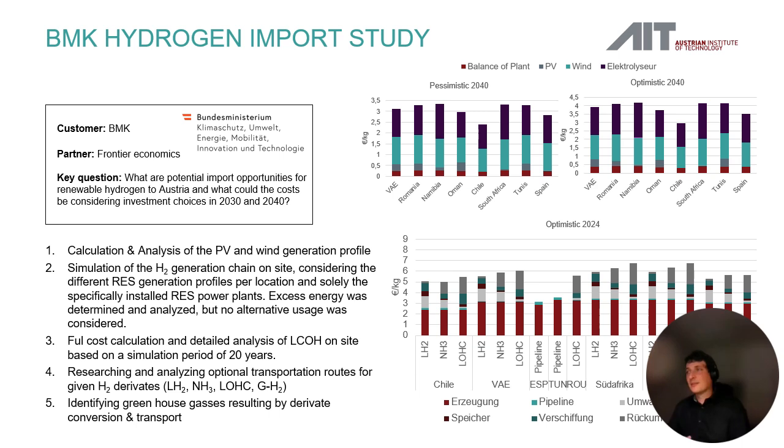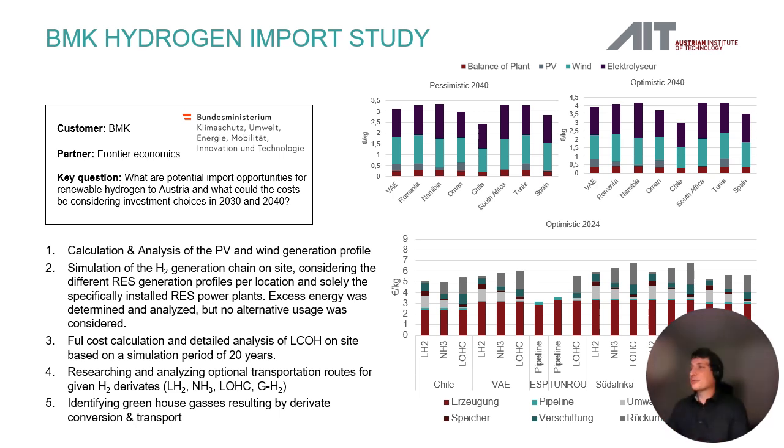On the other hand, as you can see down here, the pipeline is always cheaper than all kinds of shipping options. Of course, Chile is out of the discussion then, because we don't want to build a pipeline to Chile, but we're talking more about the Northern African region here, right?